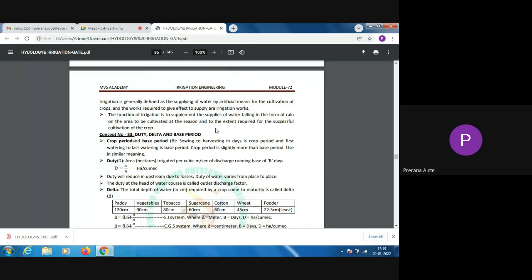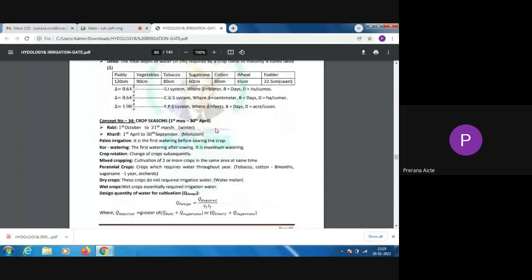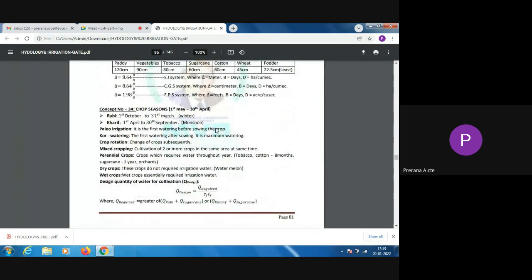So see, Q T equals area into depth. Just please note the main points. So delta equals 8.64 B by D in SI system or whatever it is. Rabi season is 1st October to 31st March.